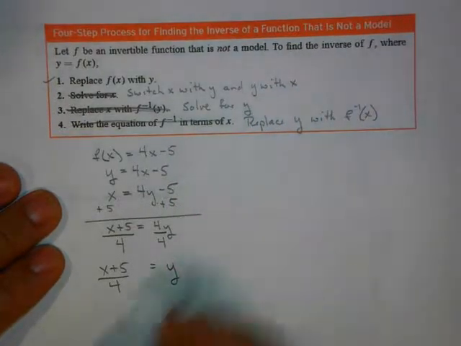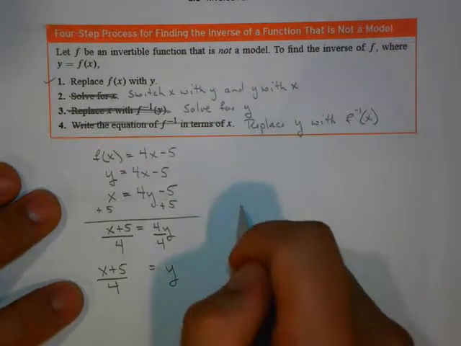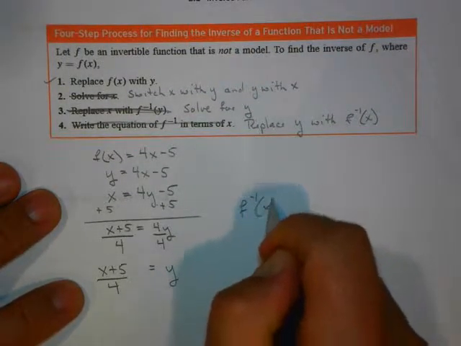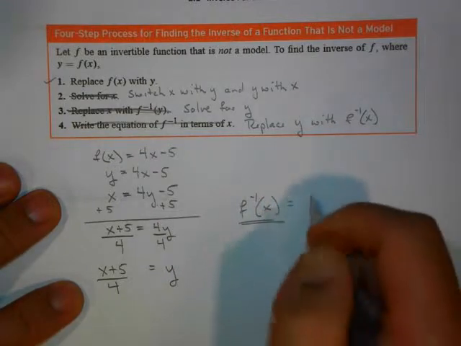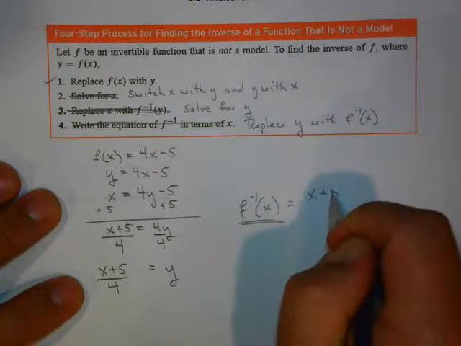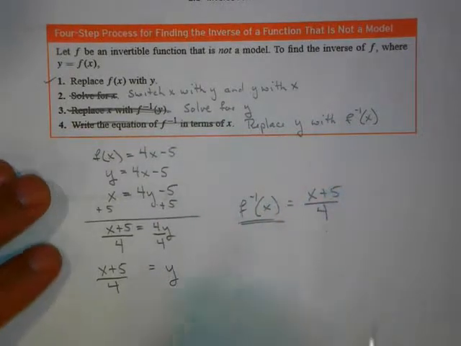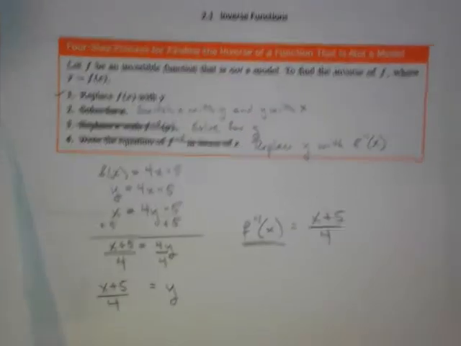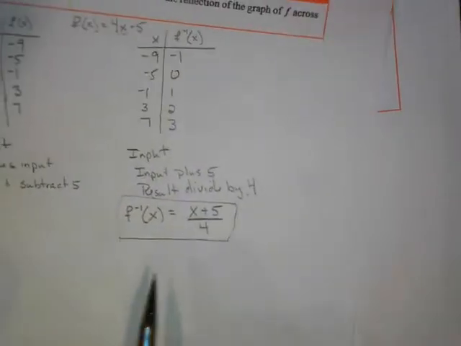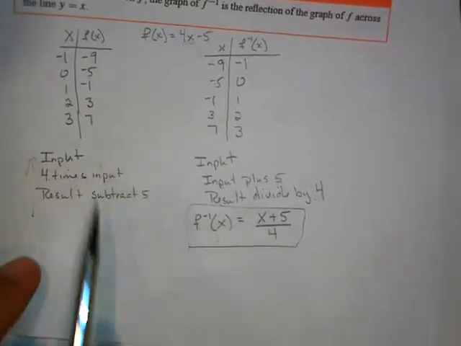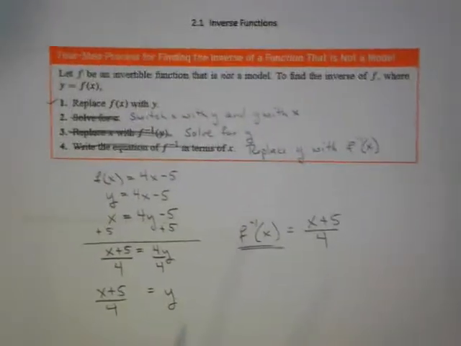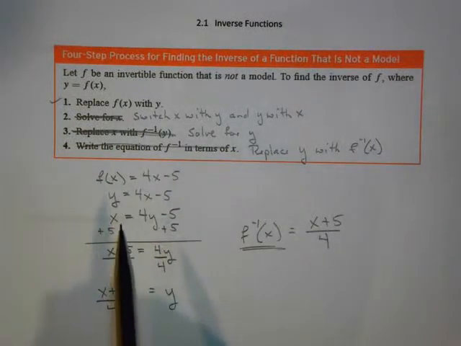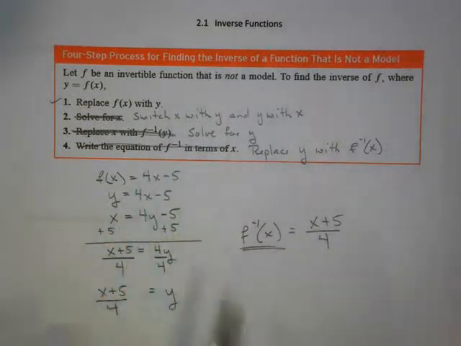So we're stating that the inverse is x plus 5 divided by 4. And if you look back to what we did before, we came up with the same thing working backwards. Well, with these steps here, we could find it mathematically, and I think that's going to be easier for you than what you have in your book.